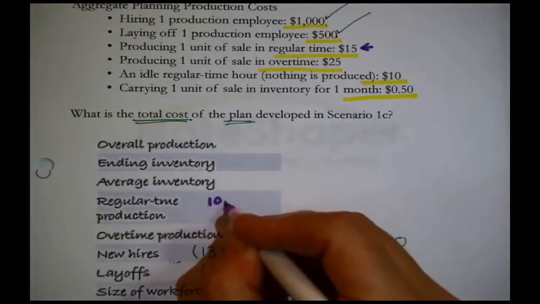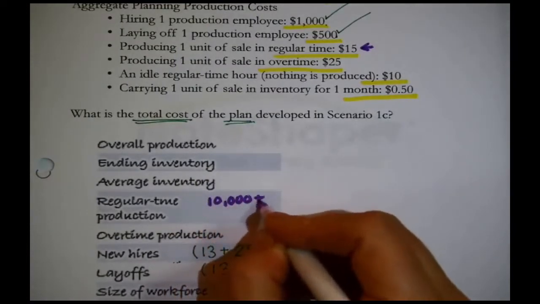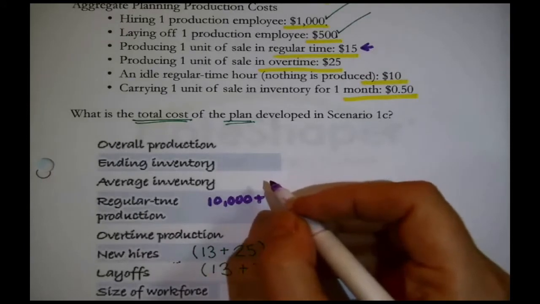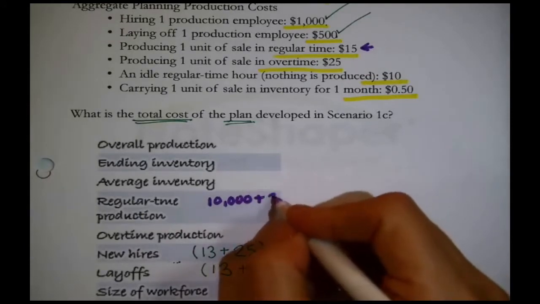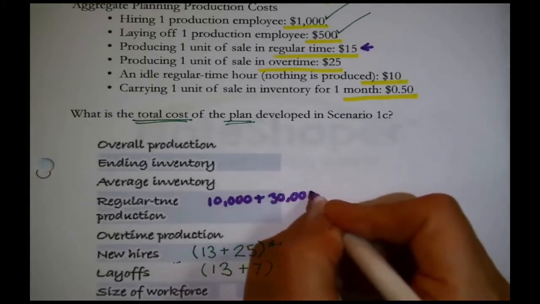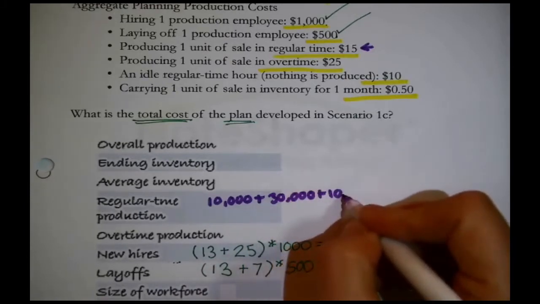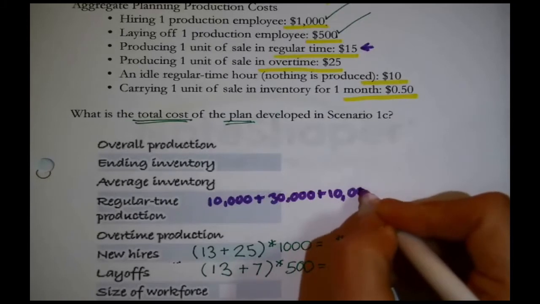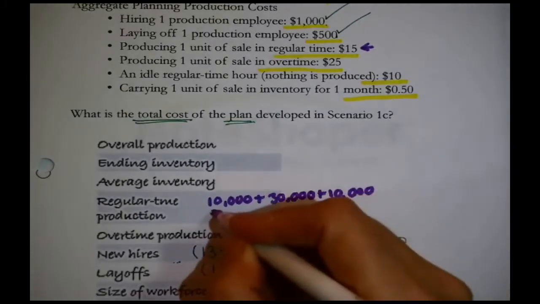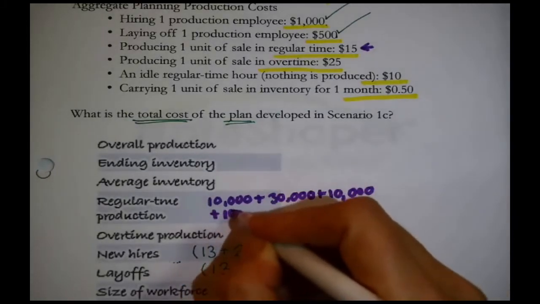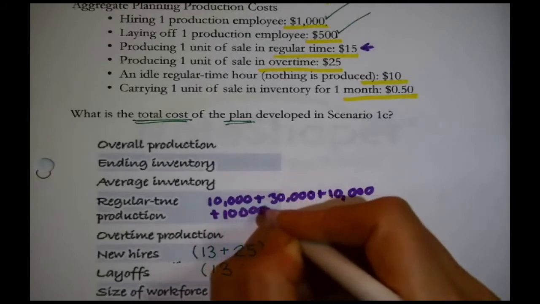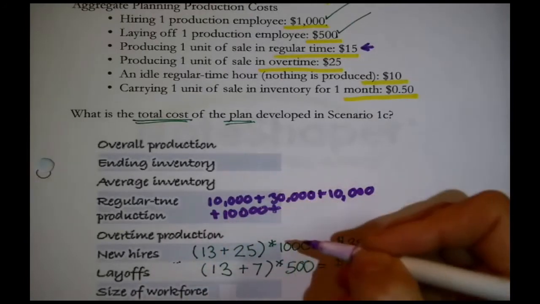All right, regular time production. There was 10,000 for the first month. There was 30,000 in regular time for the second month. There was 10,000 in regular time for the third month. There was another 10,000 in regular time for the fourth month. There's nothing in regular time for the fifth month.